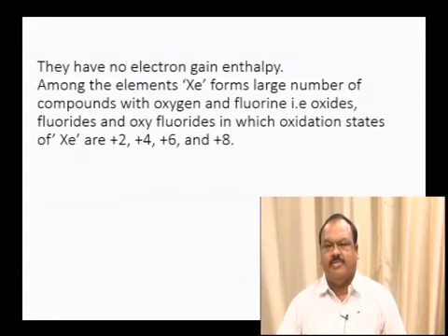They do not show any interest to attract electron pair, hence they do not have electron gain enthalpy. Among the elements, xenon forms large number of compounds with oxygen and fluorine, that is oxides, fluorides and oxyfluorides, in which oxidation state of xenon is +2, +4, +6 and +8 also.